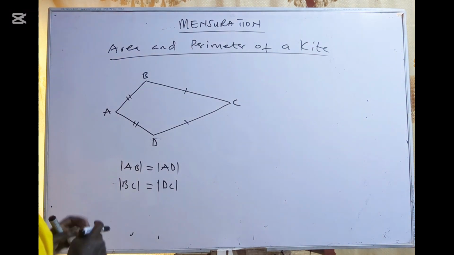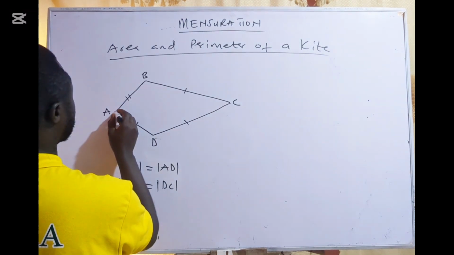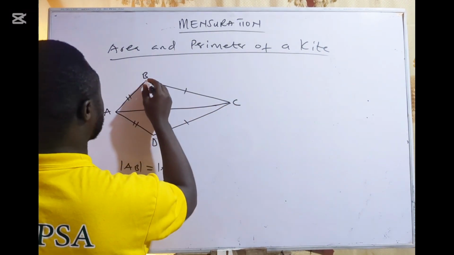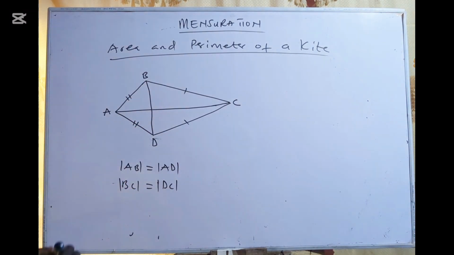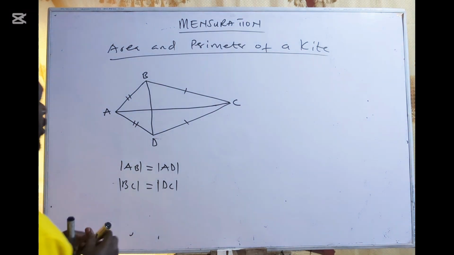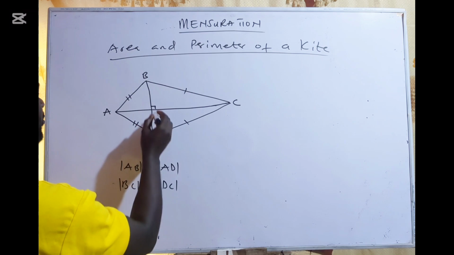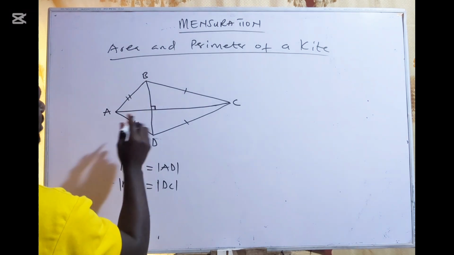And when we draw the diagonal, we can also have some properties. When you draw the diagonal like this, for a kite, the diagonals meet at a right angle. So here is 90, here is 90, here is 90.